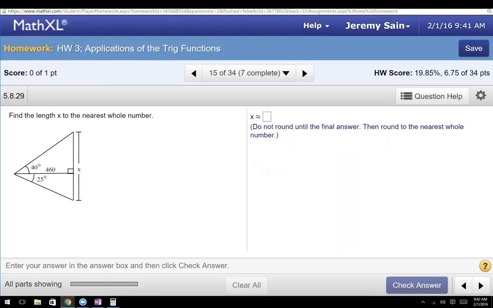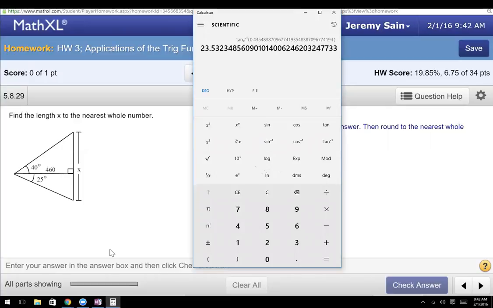So altogether, we just need tangent of 40 plus tangent of 25. So those are my two tangents added together, and then times 460.